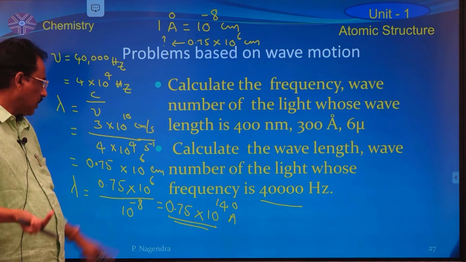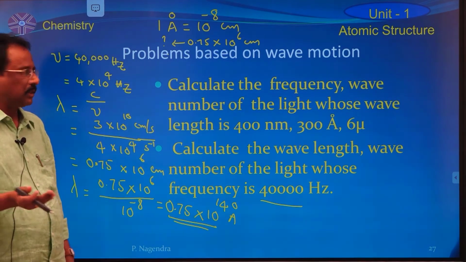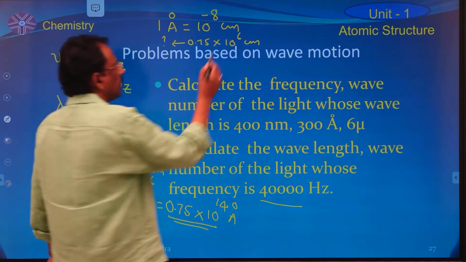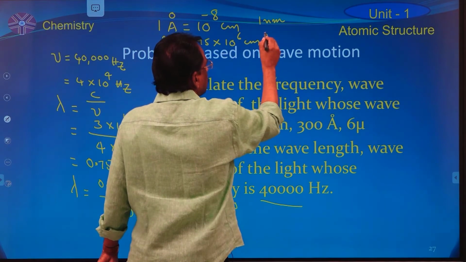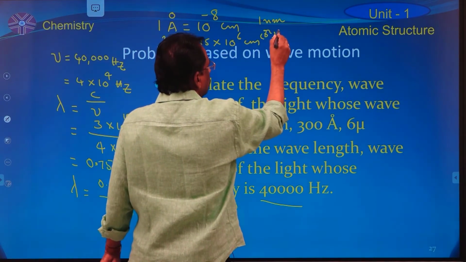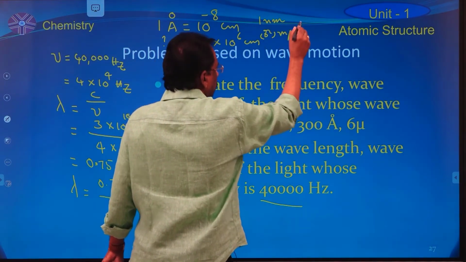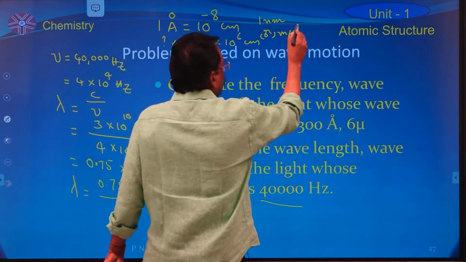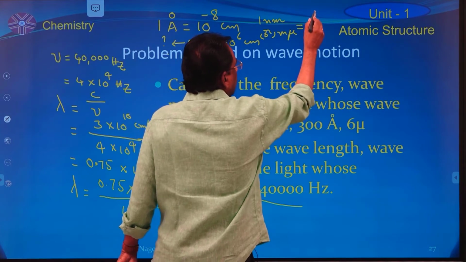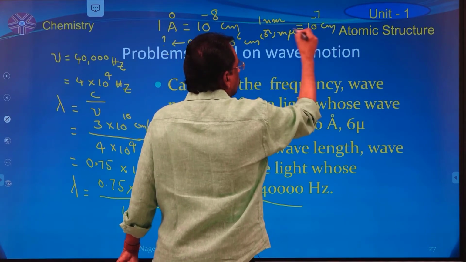Suppose you want to convert the centimeter into nanometers, apply this one. 1 nanometer is nothing but 1 millimicron. 1 millimicron is equal to 10 power minus 7 centimeters, both are same.